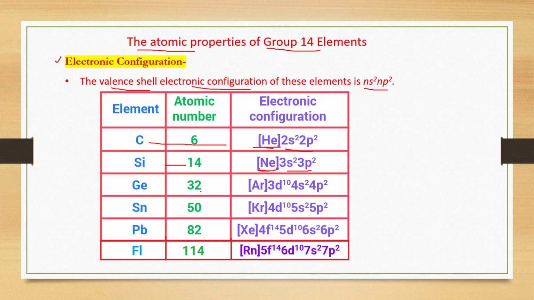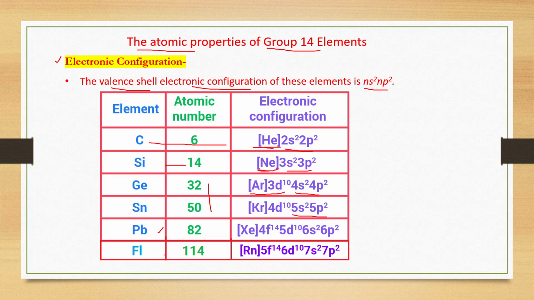In case of germanium and tin, the inner core plus d electrons. This is argon 3d10 and the outermost shell is 4s2 4p2, and in tin 5s2 5p2.